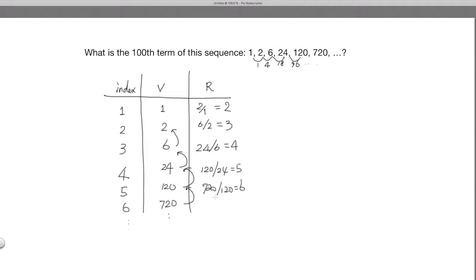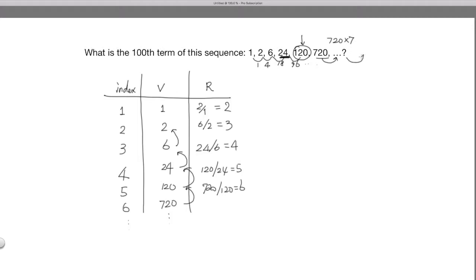At this point, it's very clear what the pattern of this sequence is. The value of the next term, 120, is basically the index value of this term multiplied by the previous term's value. So after 720, the term will be 720 times 7.